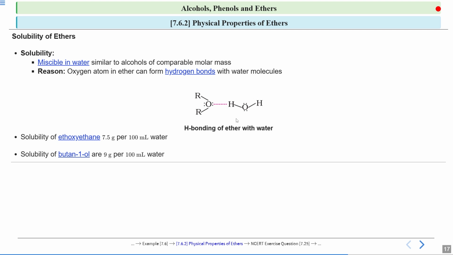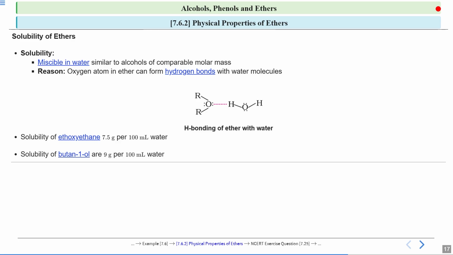But what happens in the case of ether? Ethers can only accept hydrogen bonds. In ethers, this oxygen, being more electronegative, will take the shared pair of electrons from hydrogen. So the oxygen in ether can only accept hydrogen bonds from water. It has nothing to donate.